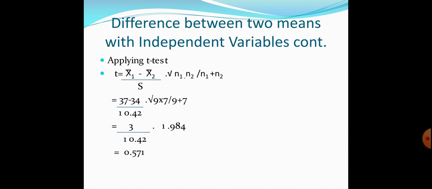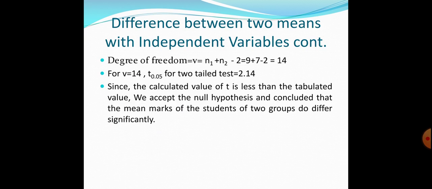Now you have to compare this calculated value with the tabulated value, that is the value from the table. So now here come our interpretations. Degree of freedom in this case is n1 plus n2 minus 2, because two samples are given, that is 14.